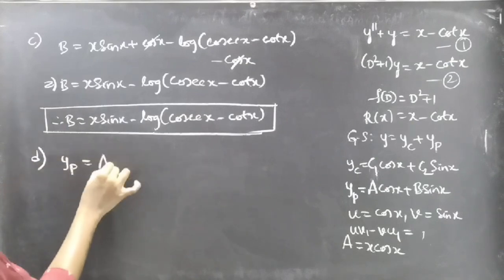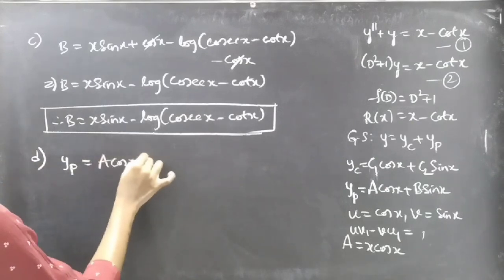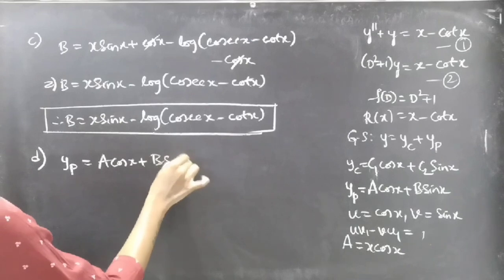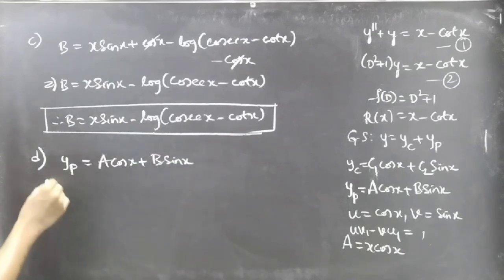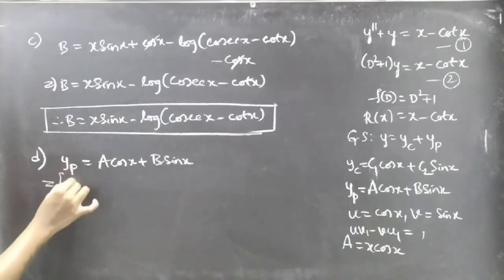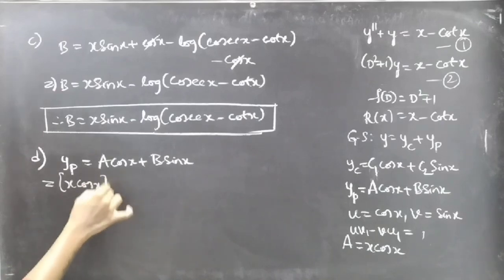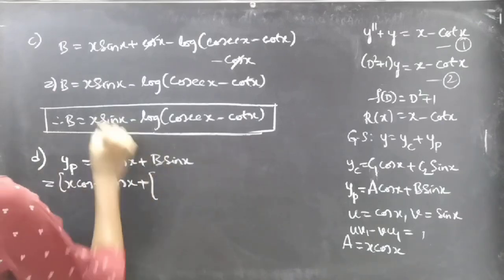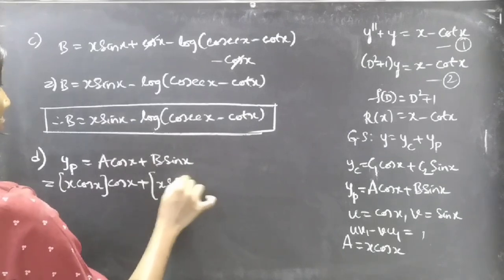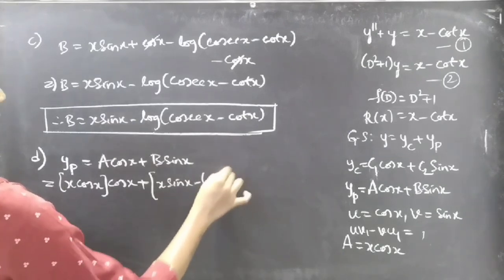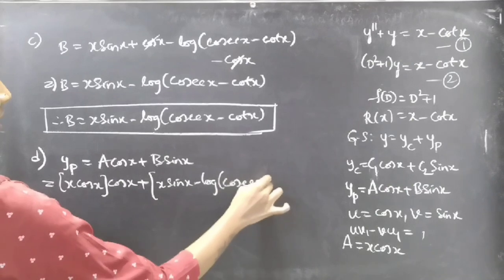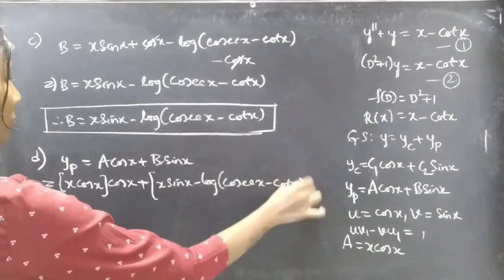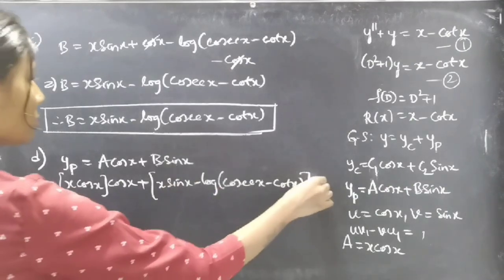Yp is given by a cos x plus b sin x. Substitute a and b here. We have a, x cos x, into cos x, plus b, x sin x minus log of cosecant x minus cot x, into sin x.